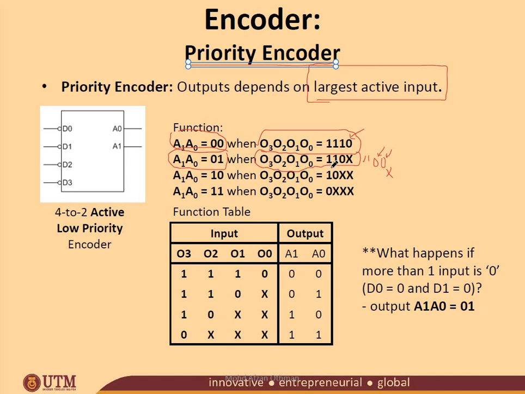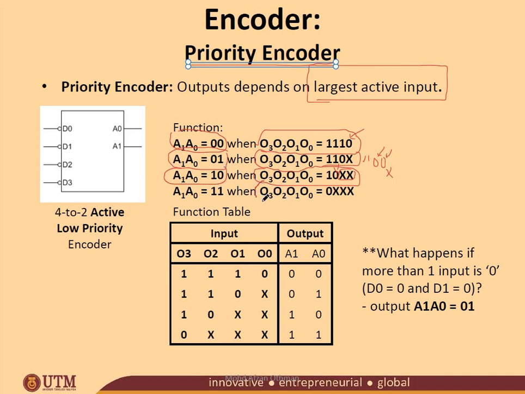Likewise, for the third combination of inputs, we put this as our priority. Then these two less significant or less active inputs will be treated as don't care conditions. So regardless of what 0 or 1 value they may have, our output is still 1, 0.